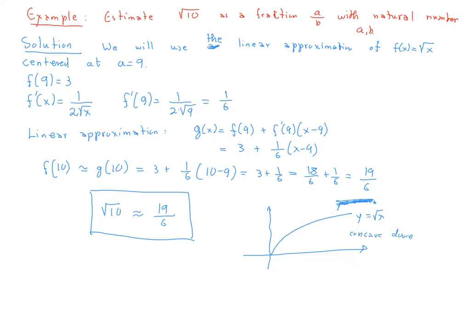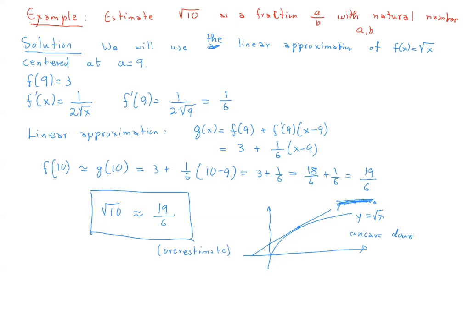And this means that if at a given point you sketch the tangent, then the tangent is over the graph, which means that all estimates that you're going to find if you use a linear approximation are going to be overestimates. We were not asked to find this, but it's a good point to make.